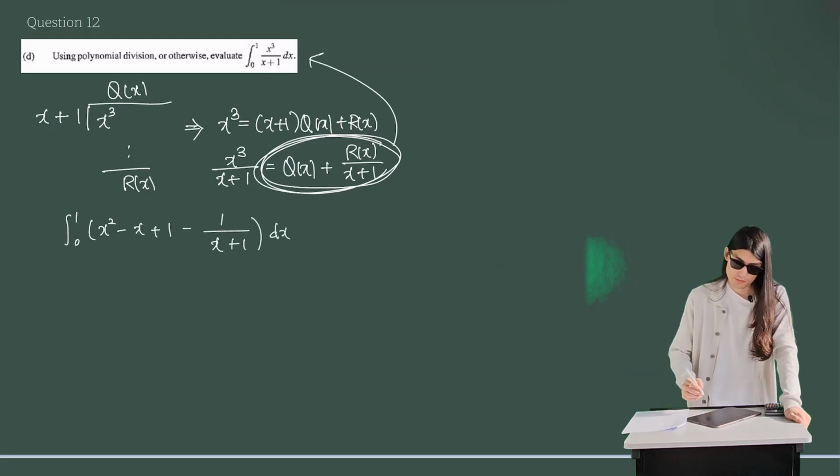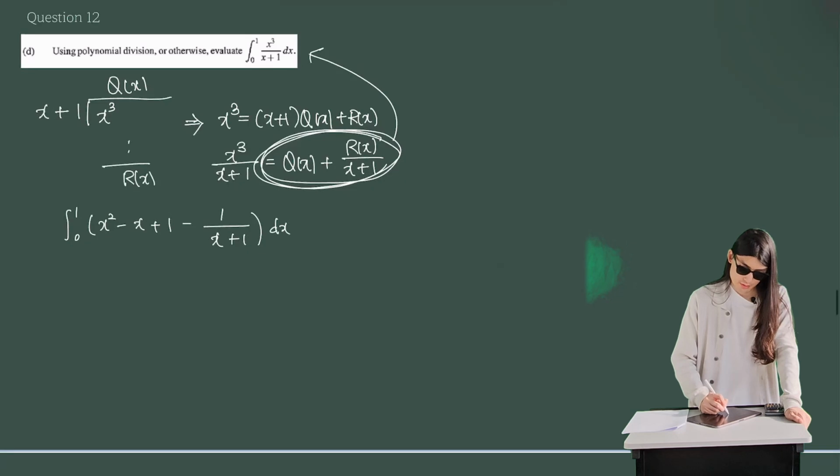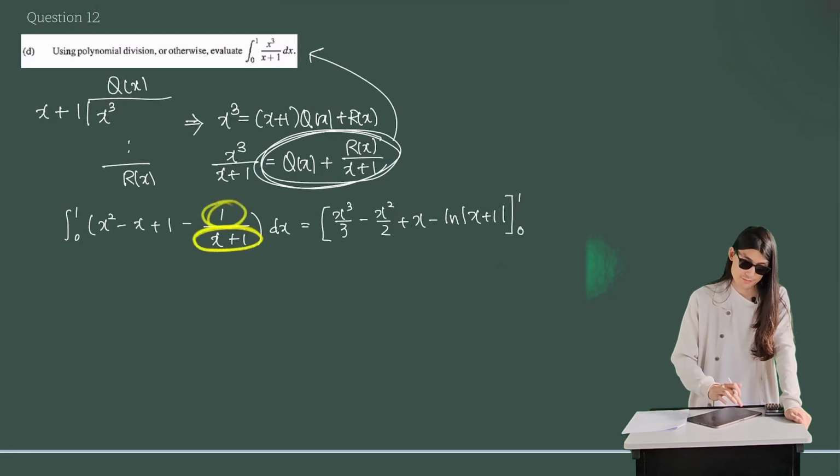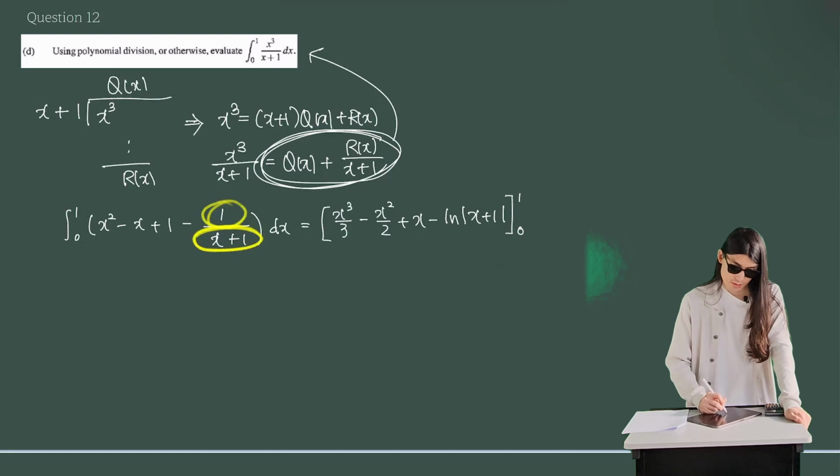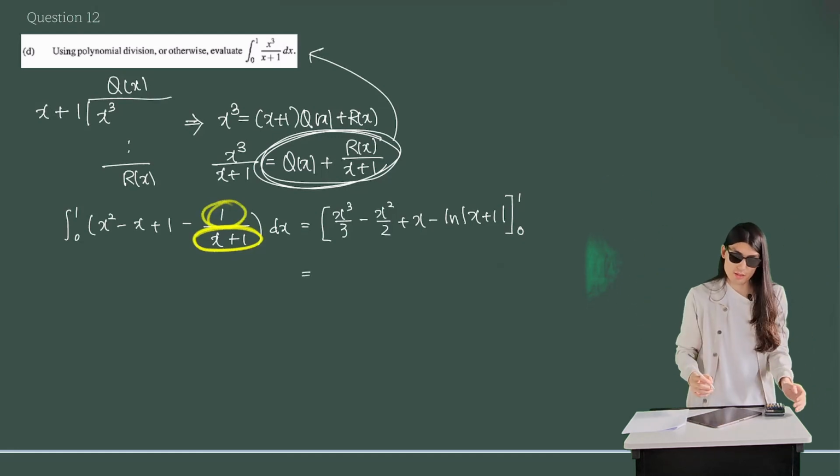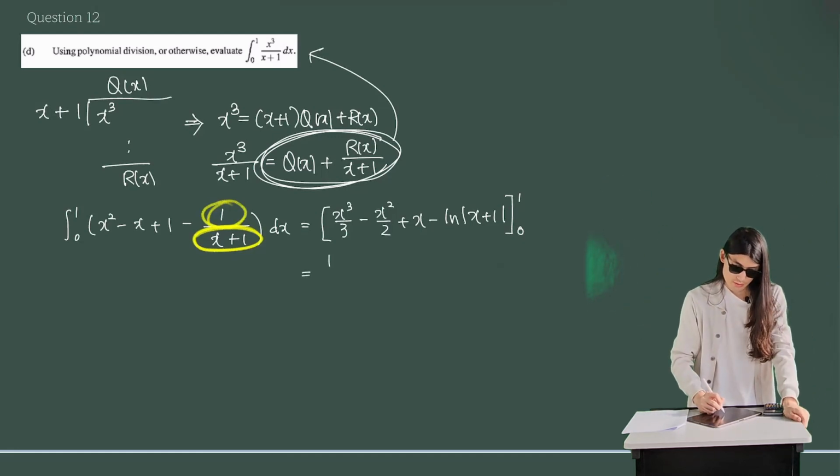And the rest of it is simple, straightforward integration, isn't it? x cubed on 3, x squared on 2, plus x, minus the last one is ln of x plus 1, because you have function below its own derivative. That calls for ln. And then again, upper minus under. So 1/3, 1/2, 1, minus ln 2.